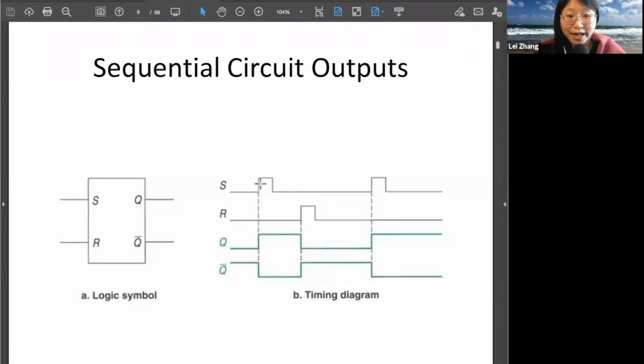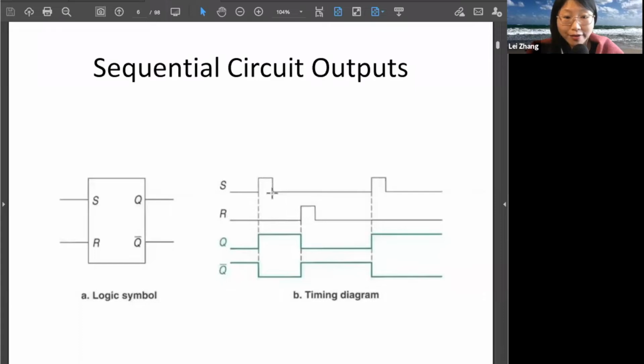After that, S is changed back to 0, but the output won't change, because the output only reacts to the change of inputs S and R. When S is set to 1, the output will be 1, but when S is changed back to 0, the output will remain at its previous value.